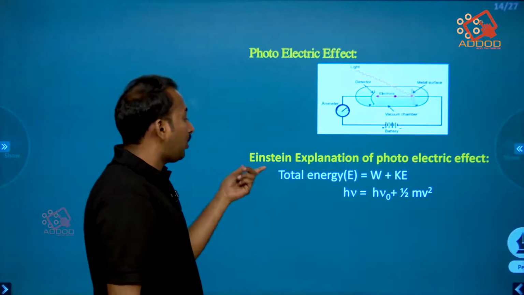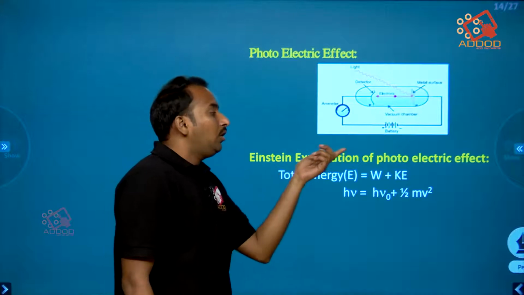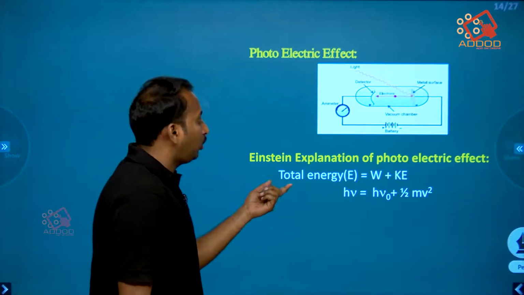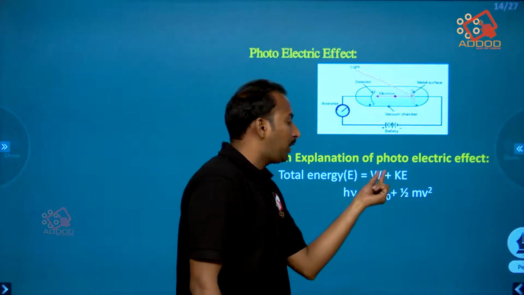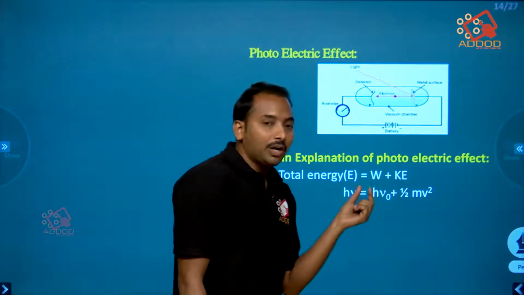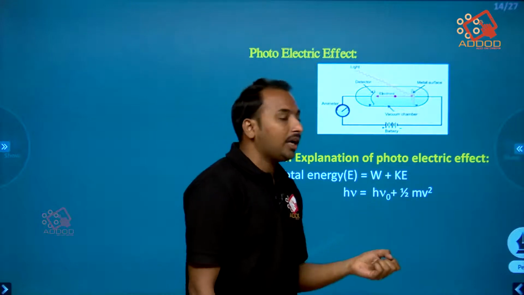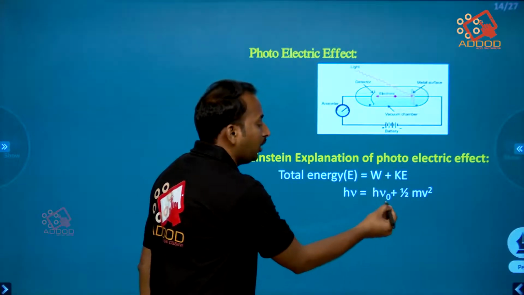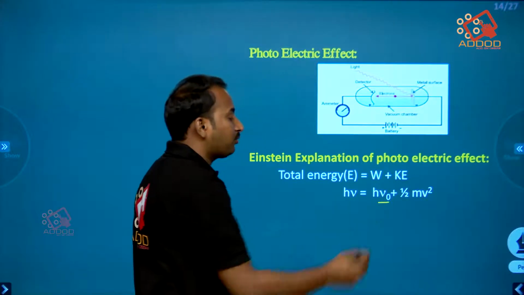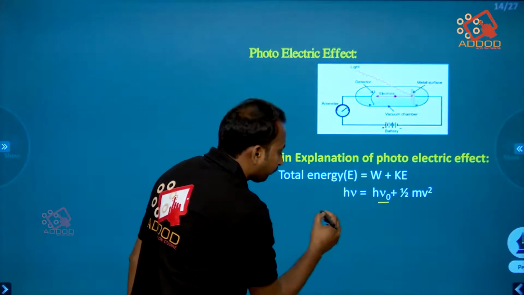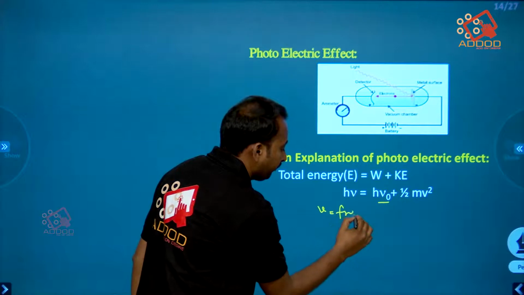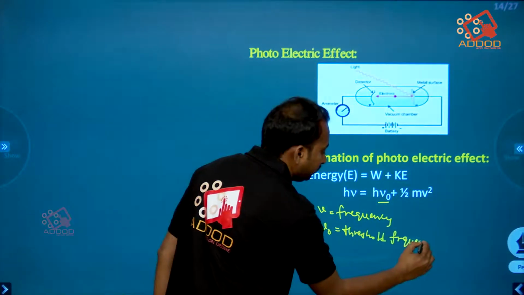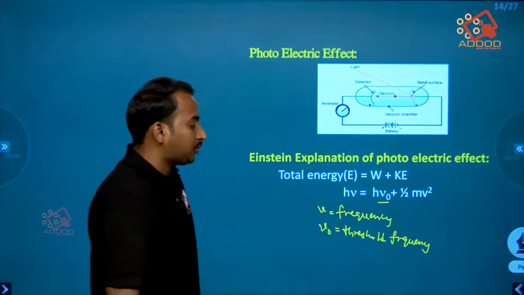Next, Einstein's explanation of the photoelectric effect. The total energy is equal to W plus KE, where W is the work function and KE is the kinetic energy. So hν = hν₀ + ½mv², where ν is the frequency and ν₀ is the threshold frequency. What is meant by threshold frequency?